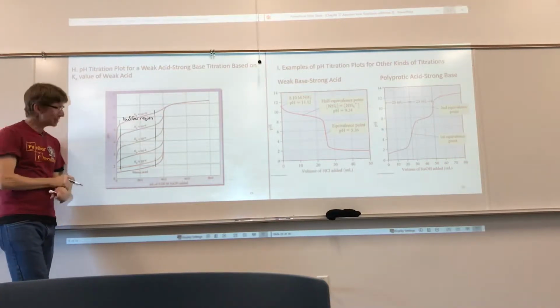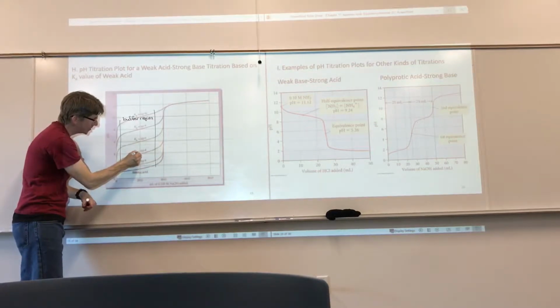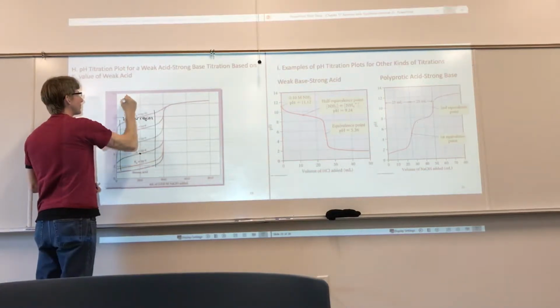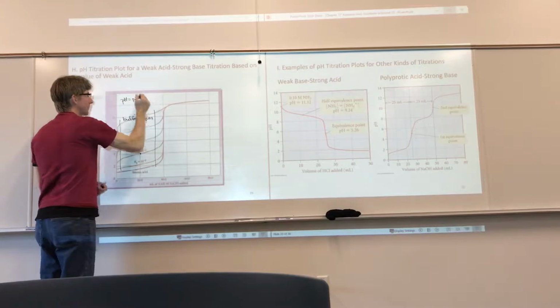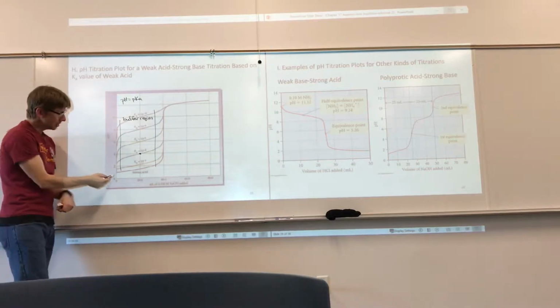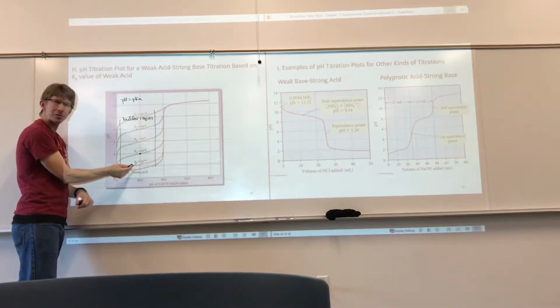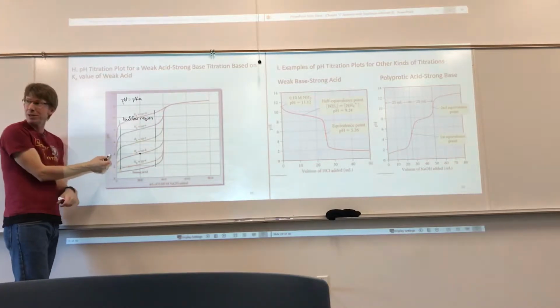Hopefully that makes sense, because right in the middle, pH equals pKa. Because right in the middle of the buffer region, half of the weak acid has been converted to conjugate weak base.